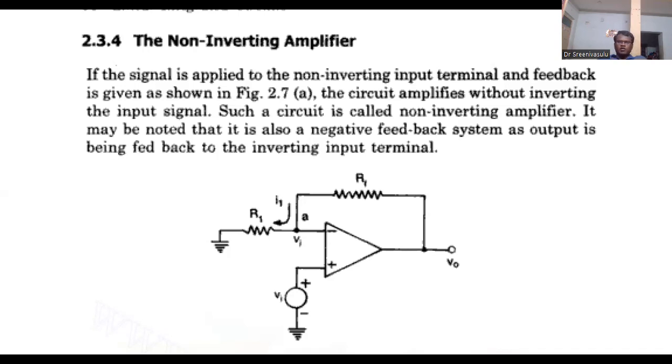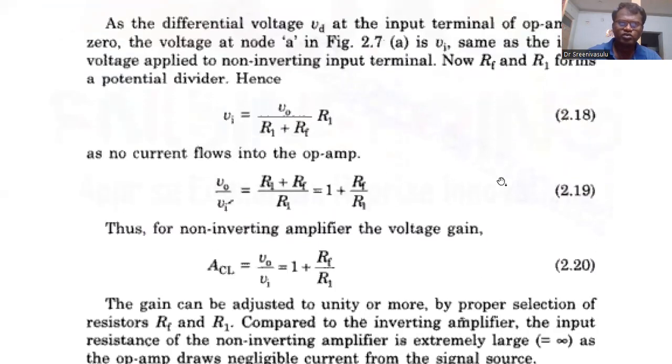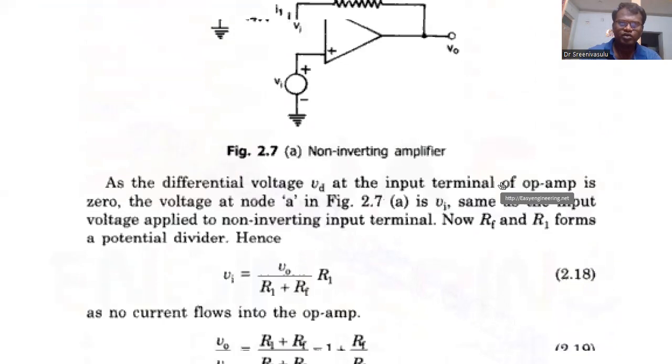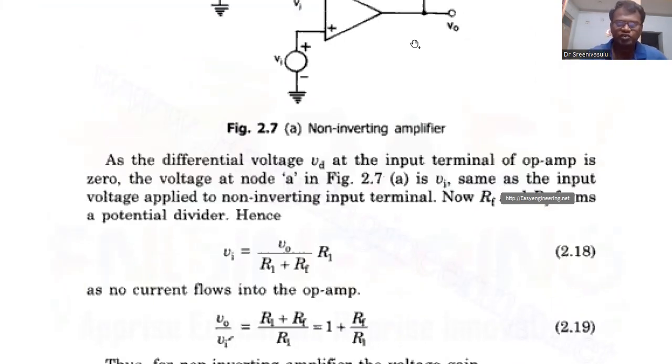Now, what is I1? V0 minus VI divided by RF.